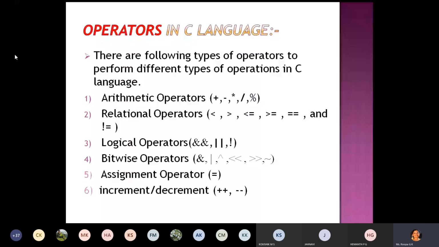Example relational operators are less than, greater than, less than or equal to, greater than or equal to, and not equal to. Relational operators are used in decision making as well as loops like for loop, while loop, etc. When we are giving a condition in a while loop, like n is less than or equal to 10, we are using relational operators. Similarly, in decision making statements like if else, nested if else statement, etc., we use a relational operator.